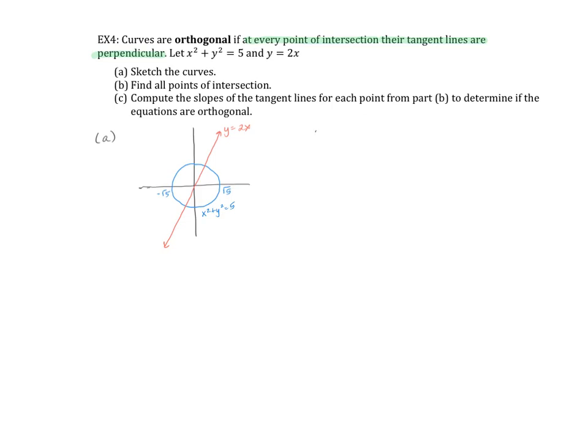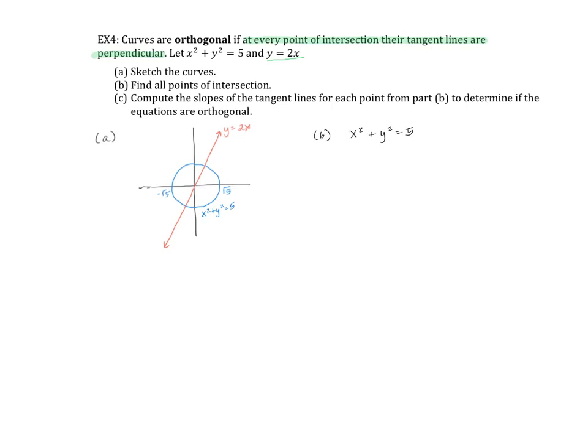In part B, we're supposed to figure out where these intersect. To figure out where they intersect, I think the easiest thing for me to do is to look at x squared plus y squared equal to 5. Now remember that y is equal to 2x.